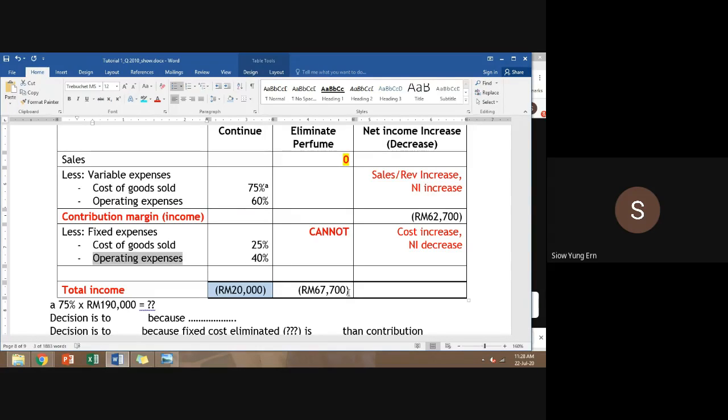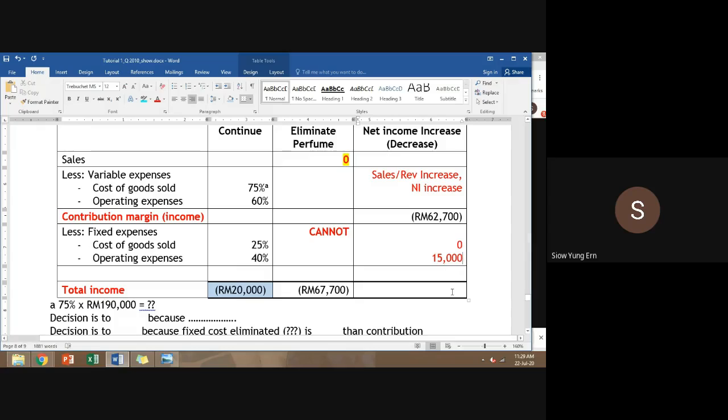Operating expenses, correct, 15,000. Operating expenses reduce, so net income increases 15,000. Last one, what is your total income? So 0.